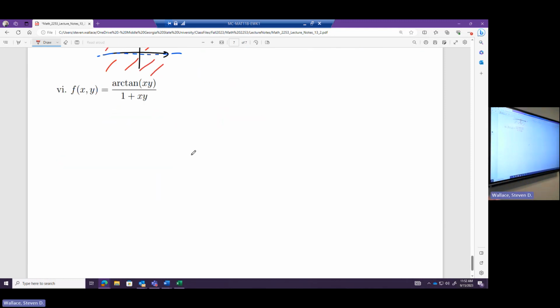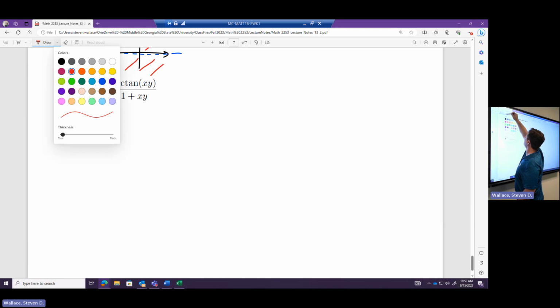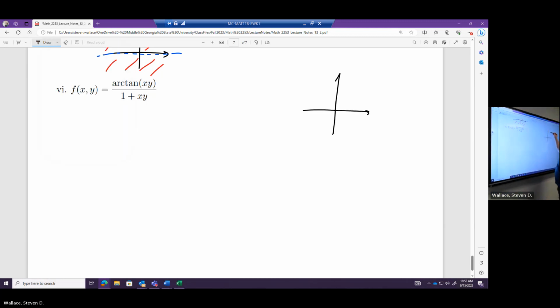All right, lastly, what about the arctangent? Well, the arctangent of x looks like this.